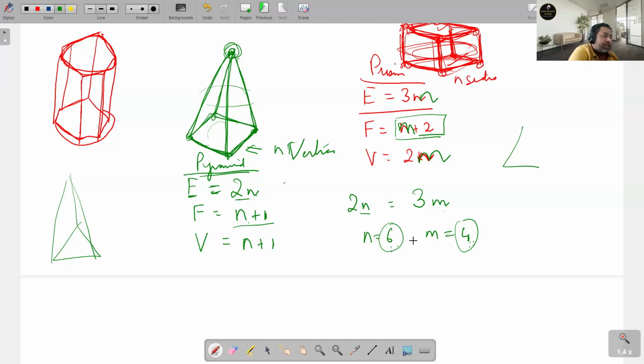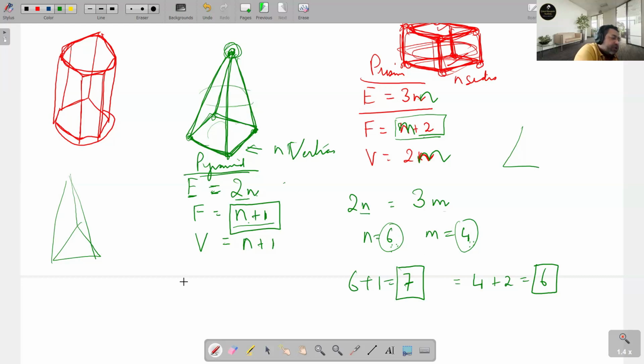So if we plug in these values, the number of faces for the pyramid is n plus 1, which is 6 plus 1, which is 7. And the number of faces for the prism, which is m plus 2, is 4 plus 2, which is 6.